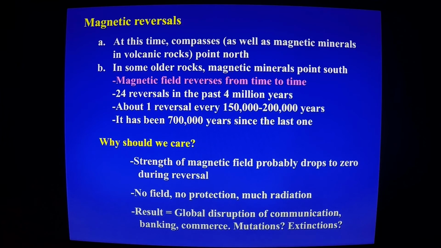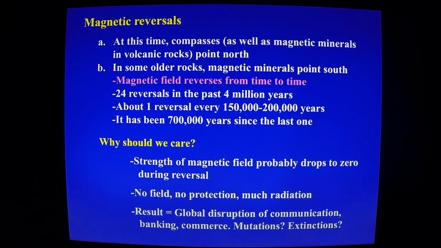Well, as it turns out, if you think about how long humans have been on the planet, we've been on the planet about 2 million years, and humans as a species have probably endured 2 or 3 of these magnetic reversals during that time. And we're still here. So it's not likely that these would cause extinctions, might not even cause mutations.